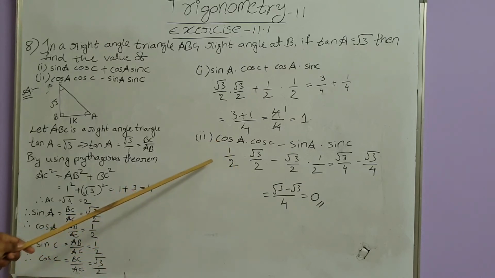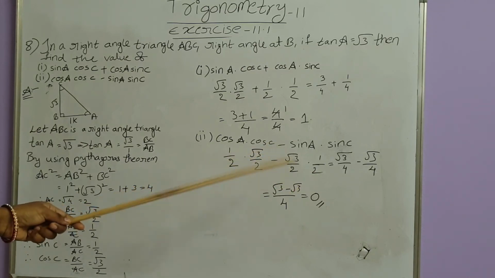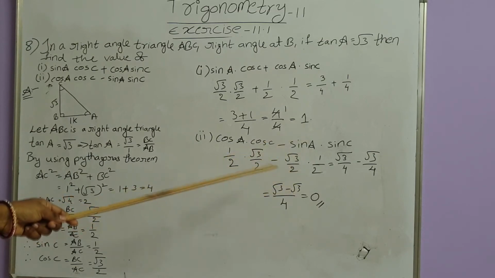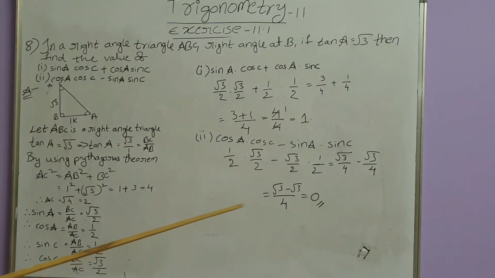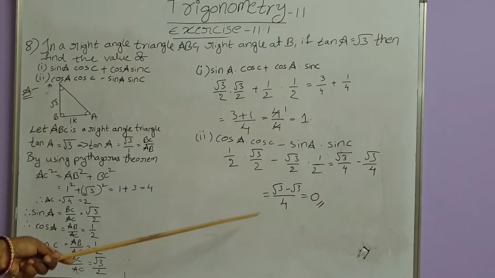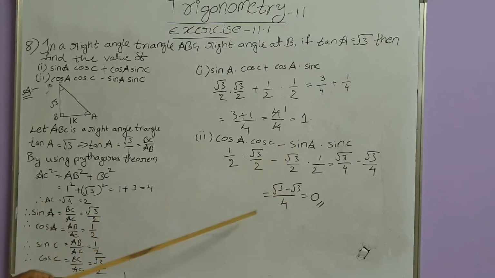Here 1 into root 3, root 3, 2 into 2 by 4, minus root 3 into 1, root 3 by 2 into 2, 4. This 4 is common and root 3 minus root 3 is equal to 0 by 4. 0 by 4 is 0.